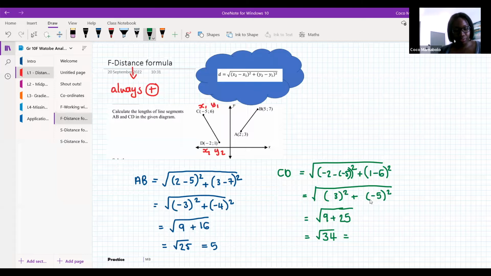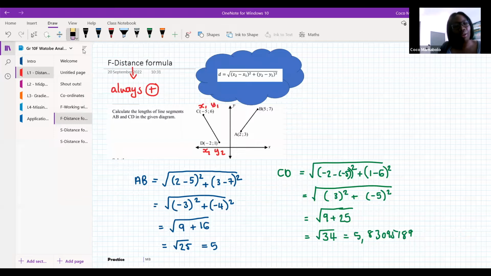So the square root of 34 is equal to 5.830951895. Now that's very complicated, and it doesn't give us an accurate answer, because the square root of 34 is actually an irrational number.